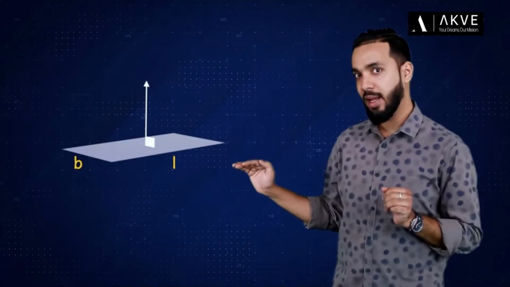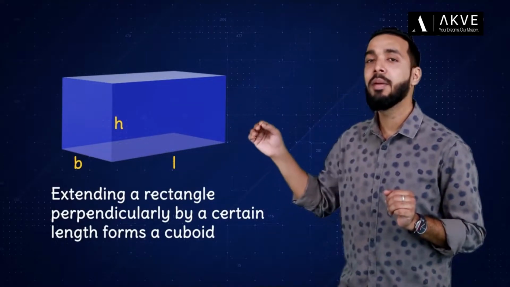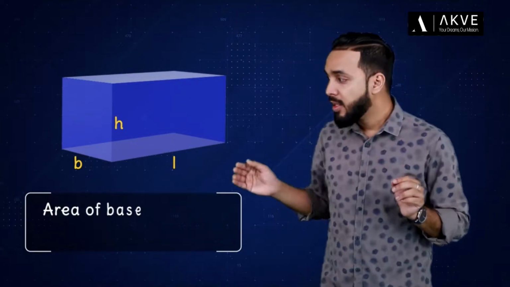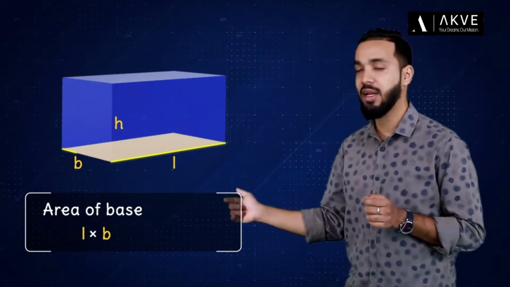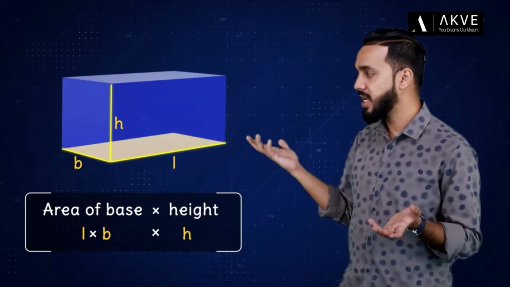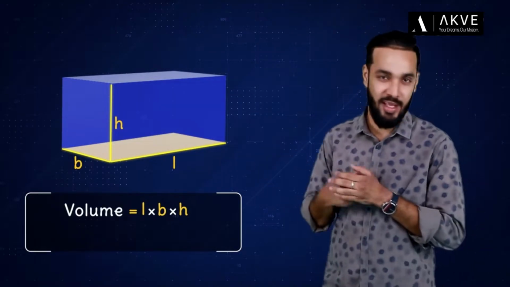We took a rectangle and extended it by a certain length perpendicularly, and we got a cuboid. So, just by multiplying the area of the base, which is L into B, with the height with which it got extended, which is taken as h, we got its volume L into B into h.